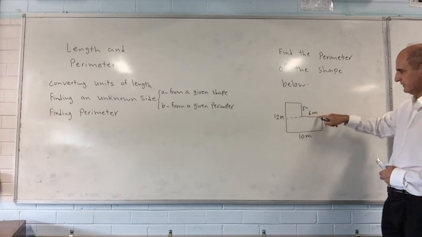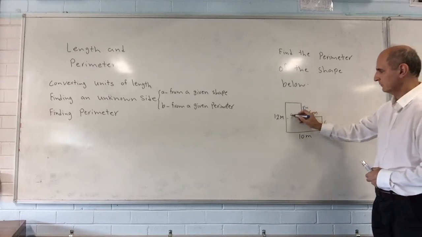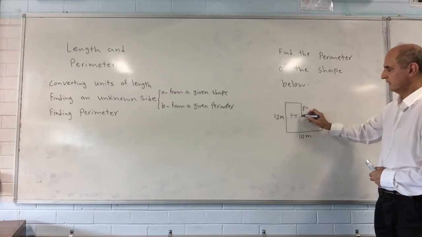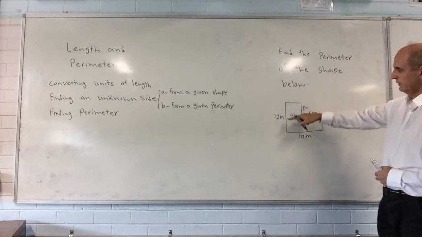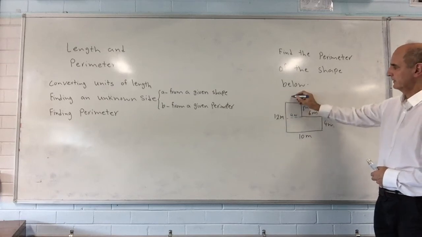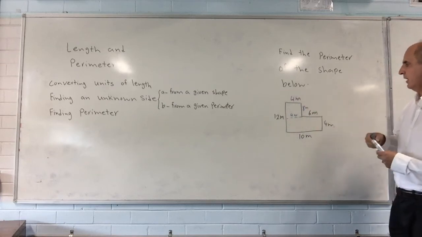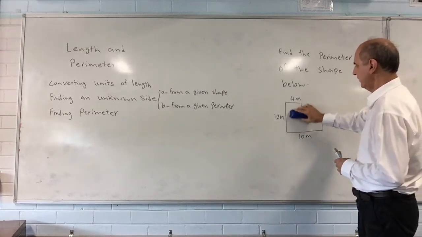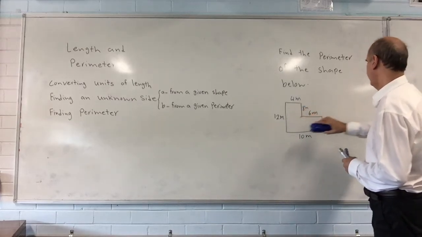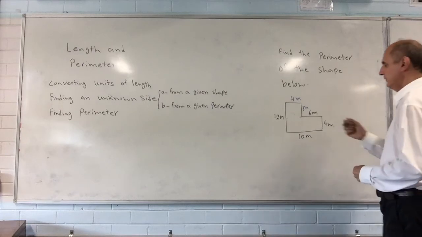So 10 take away 6 is 4. So this is 4 meters. But if this is 4, then this is 4, because they are again making a rectangle, so that is 4 meters. Now I find all my missing sides, and I can add them up to find my perimeter.